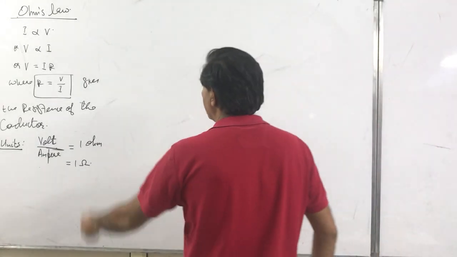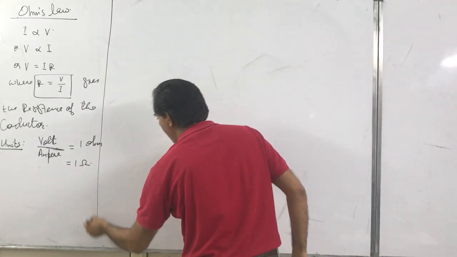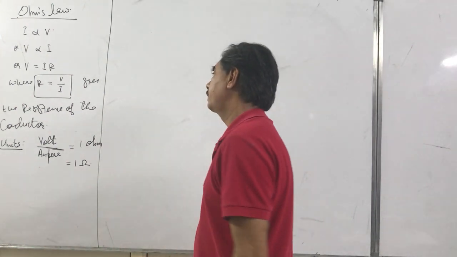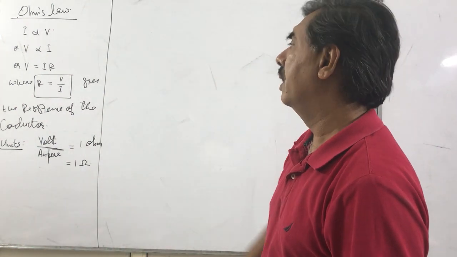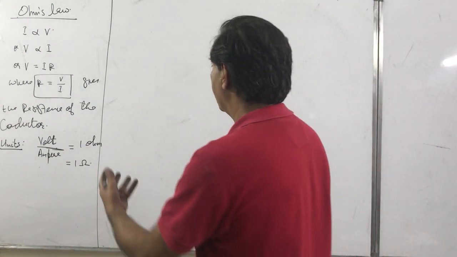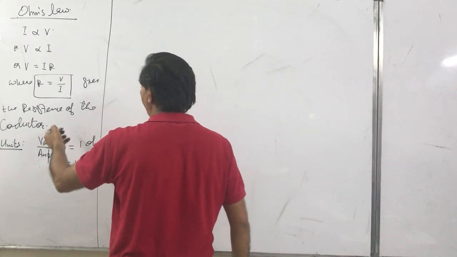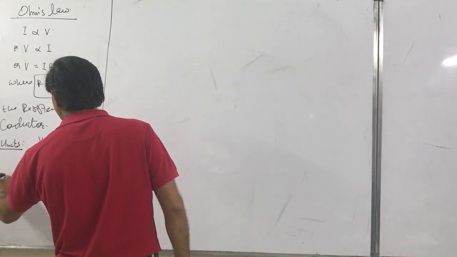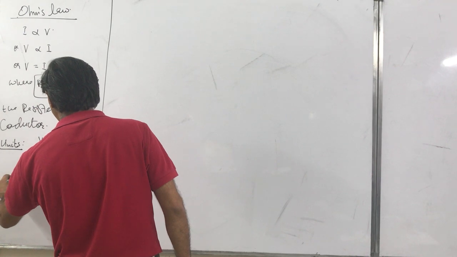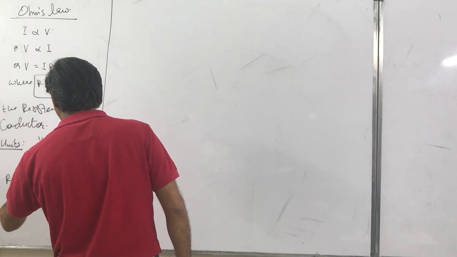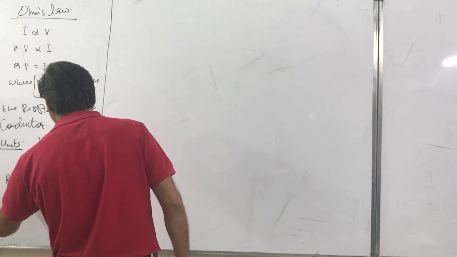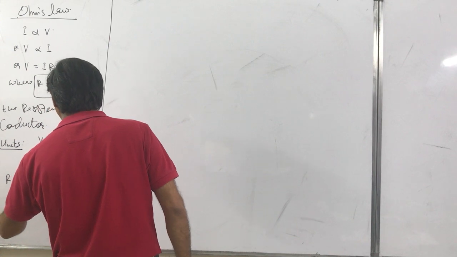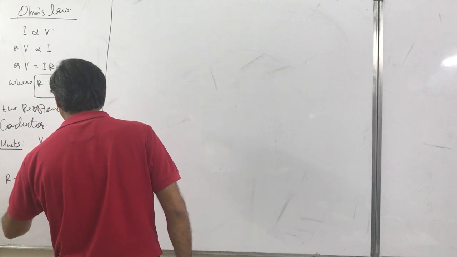Now, you can find its dimensional formula also. Volt is work over charge. So the dimensional formula of R will be work over charge into current.